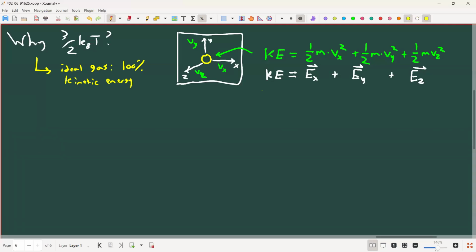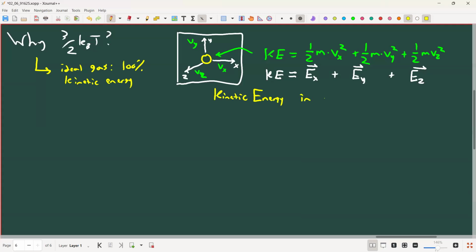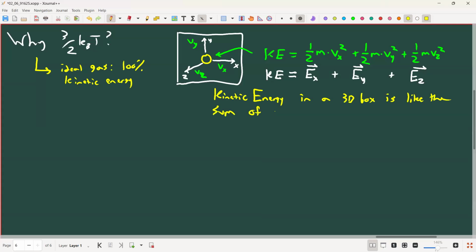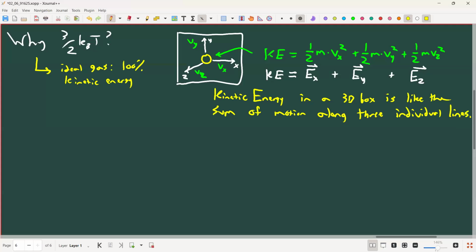So kinetic energy, to be specific, in a 3D box is like the sum of motion along three individual lines. It can move with some energy along the x line, some energy along the y line, and some energy along the z line, but they're all separate.